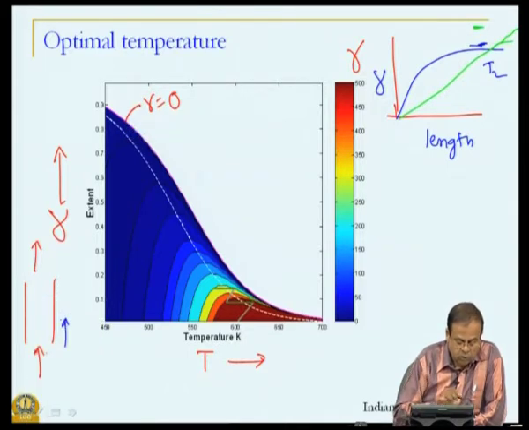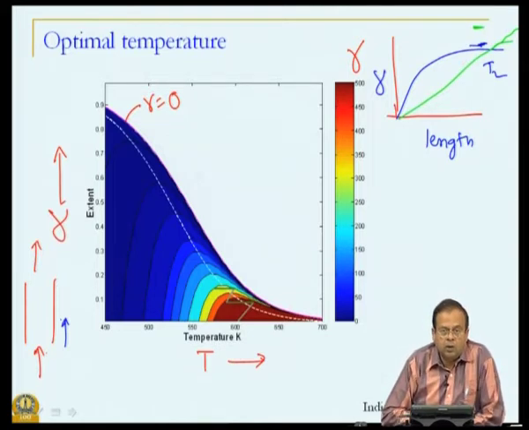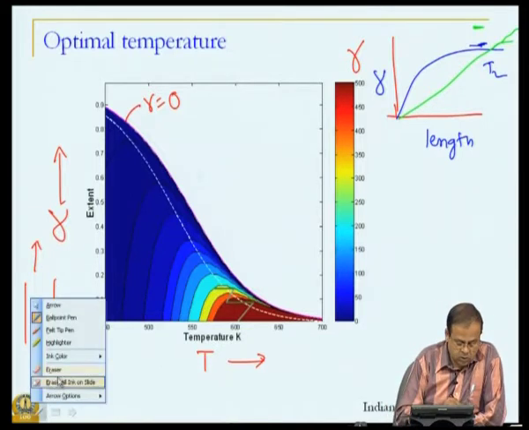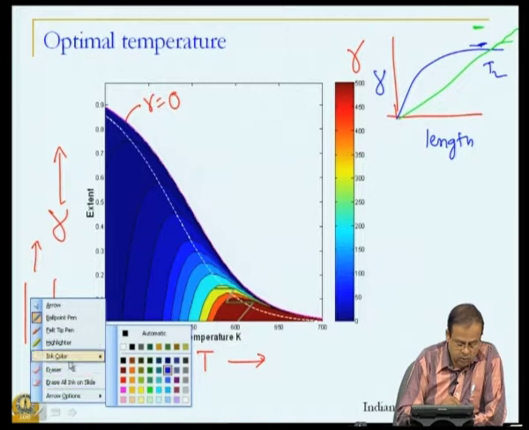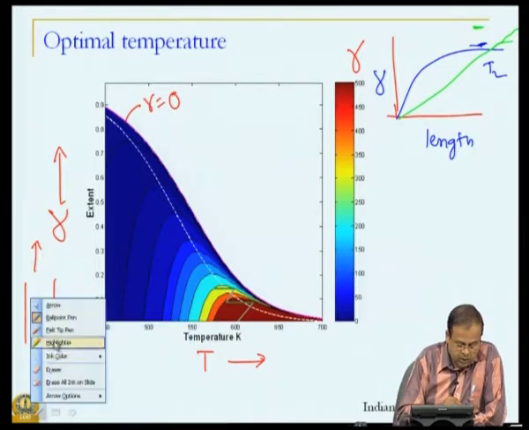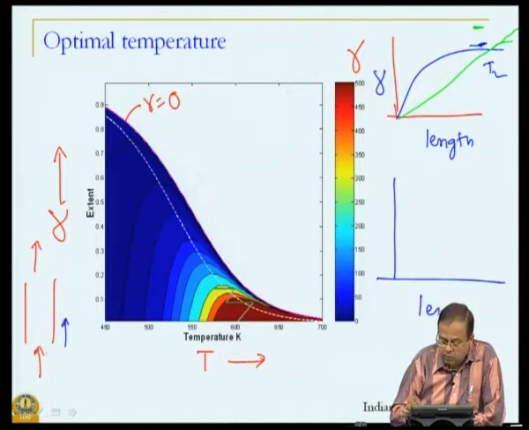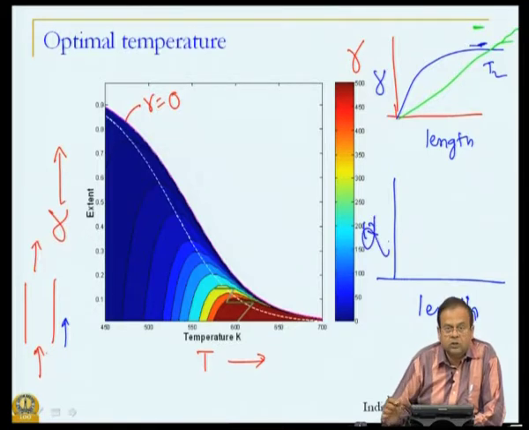Okay. Let me erase this also. Okay, let me keep that. So, let us say that we are going to operate an adiabatic reactor and try to look at length versus extent of reaction alpha.